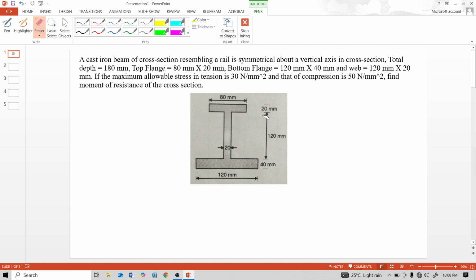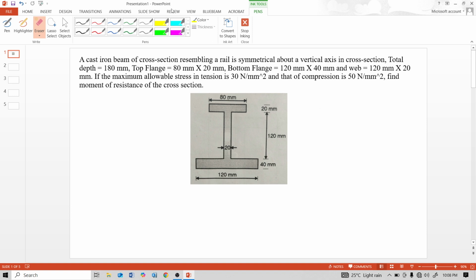But in this problem, we don't have symmetry about the x-axis, so we use the parallel axis theorem. The next step, after moment of inertia, is to check the stresses, and after this, with the help of the bending equation, we find the moment of resistance.